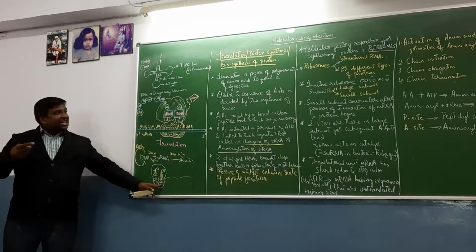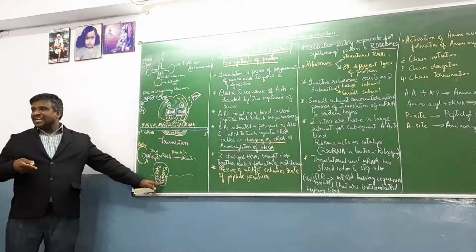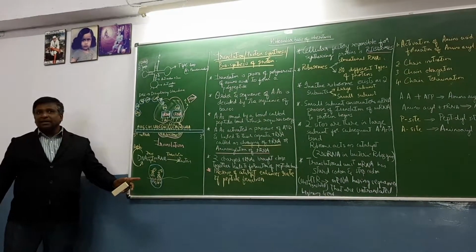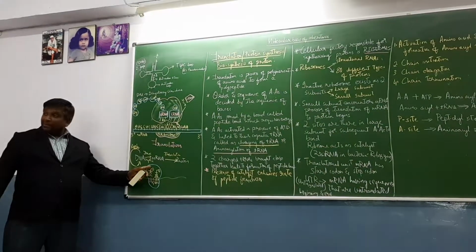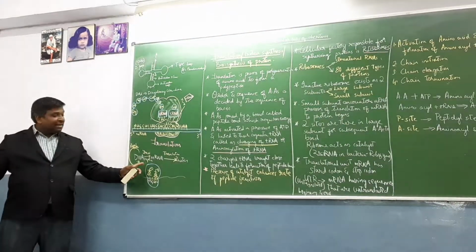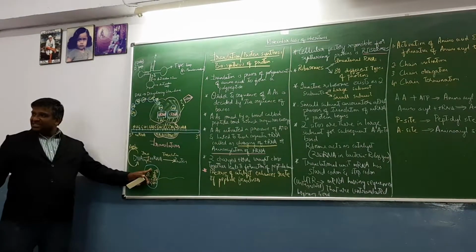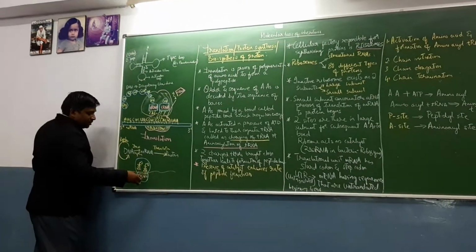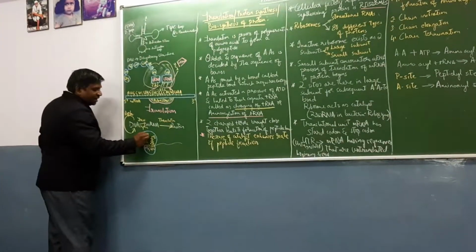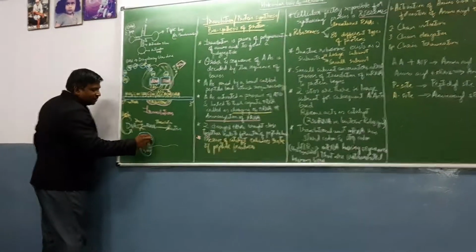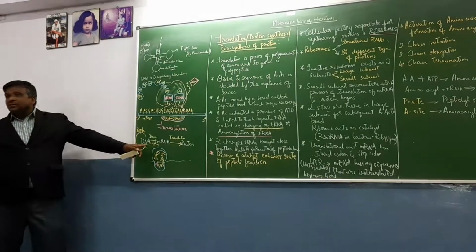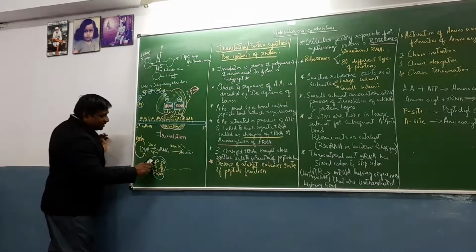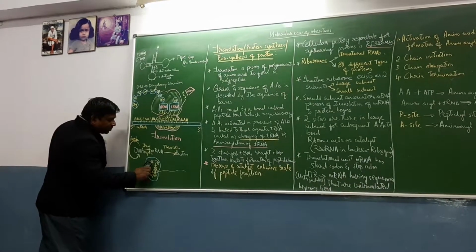The second tRNA is attached at the A site. Now both of them are carrying amino acids. The amino acid from this tRNA goes and gets attached to the amino acid on the tRNA at the A site. So now the P site tRNA becomes free.